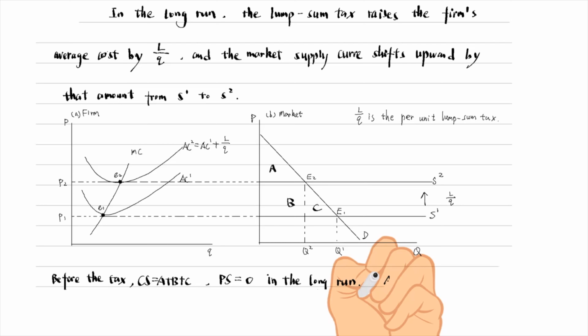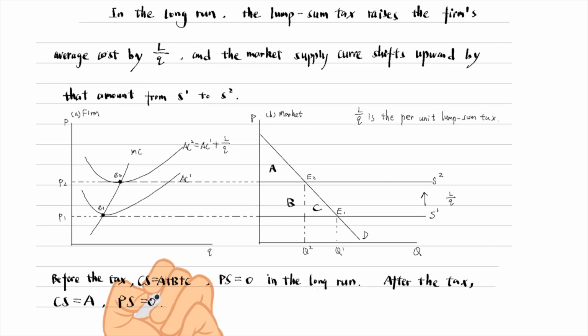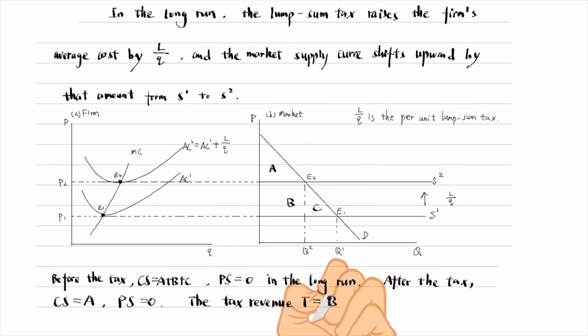After the tax, the market equilibrium is E2. Consumer surplus becomes A, and producer surplus is still zero. The reduction in the sum of the consumer surplus and producer surplus is the area of B plus C. The tax revenue is the area of B, which equals the per unit lump sum tax times the total quantity Q2.